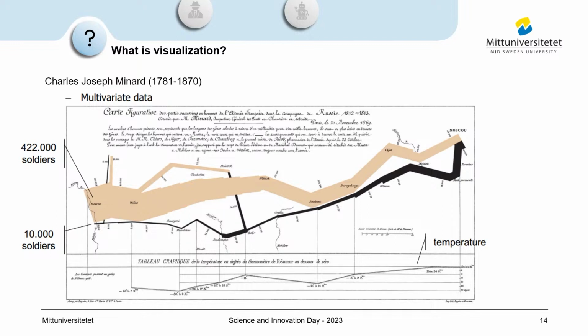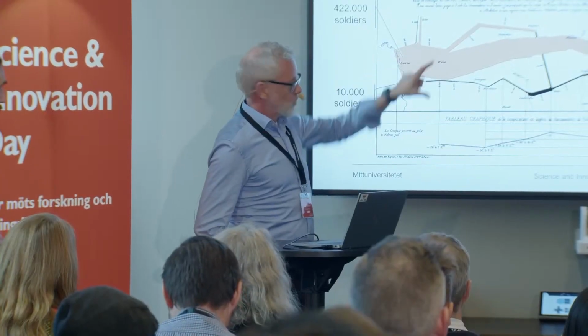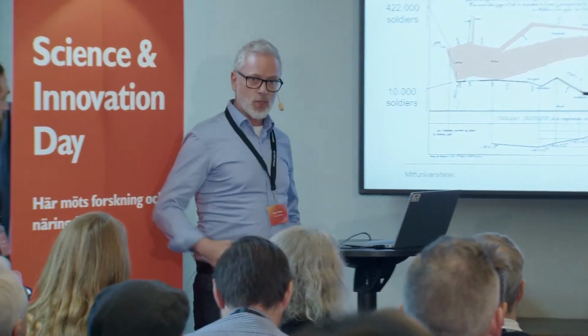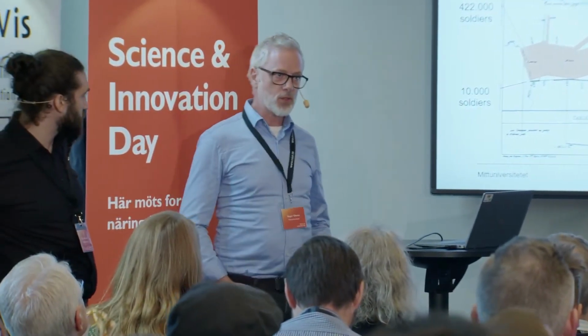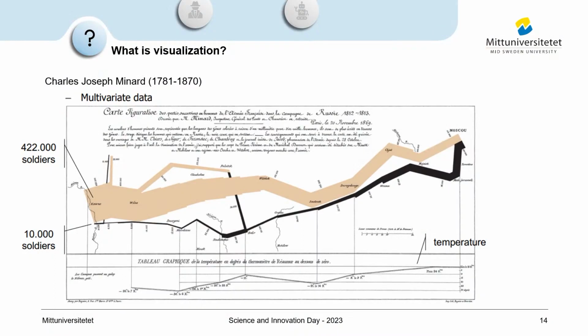We can also see splitting up of this line into small sublines, which just indicates that a portion of this group of soldiers moved in a different direction in a different time relative to the bulk of the population, if you can say so.